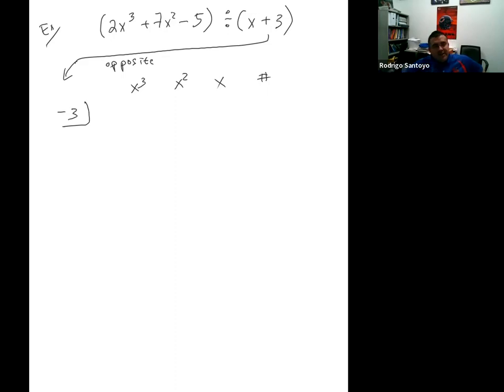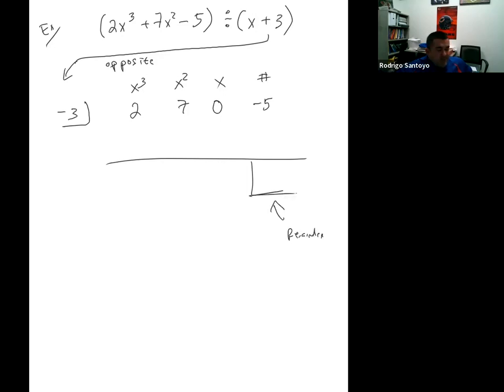What's the coefficient of x to the third? Should be a 2. X to the second would be a 7. There is no x. Therefore, that coefficient is 0. Our number is a -5. We know this will be the remainder. Any questions there?